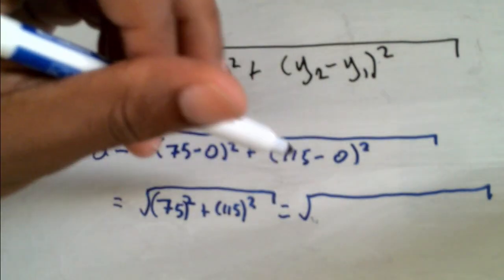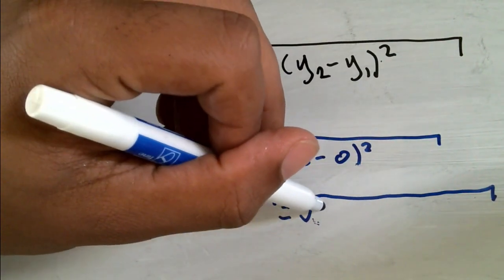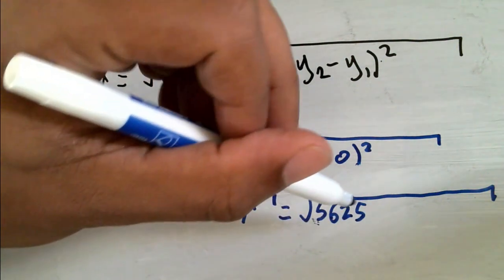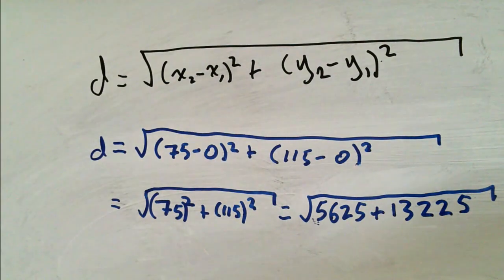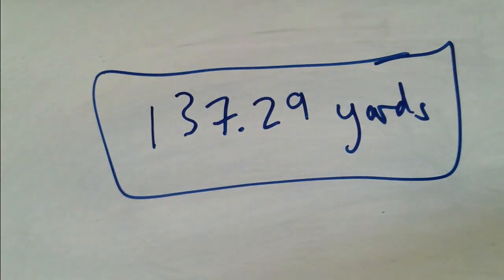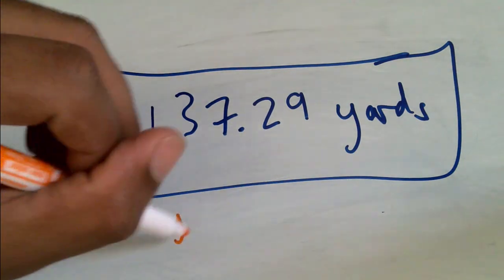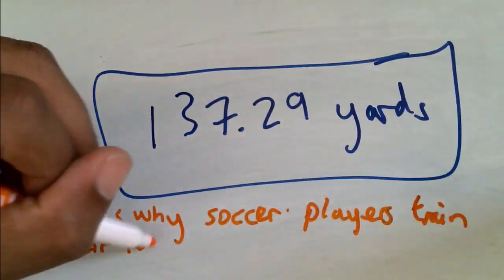If we carry on with this simplification, 75 squared equals 5,625. 115 squared equals 13,225. And so if we add up those two numbers and take the square root of that, we get our answer of 137.29 yards. That is the farthest distance that any soccer player would ever need to pass the ball to someone else. That's pretty insane though, that's pretty far.